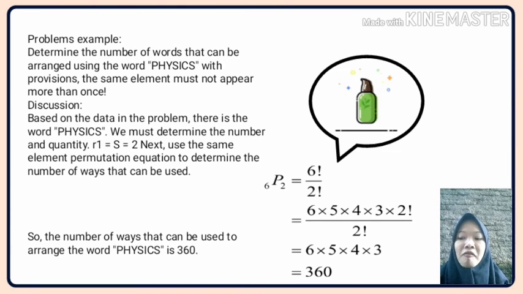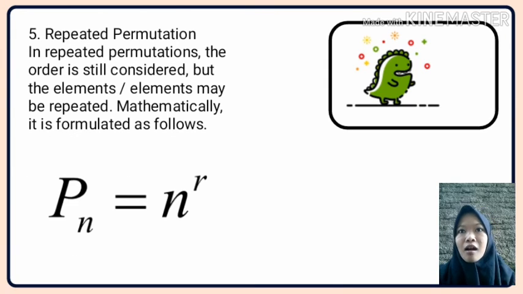So the number of ways to arrange the word PHYSICS is 360.